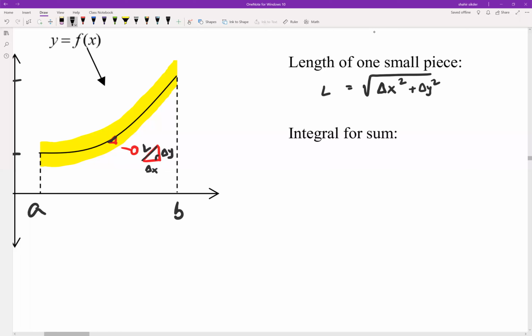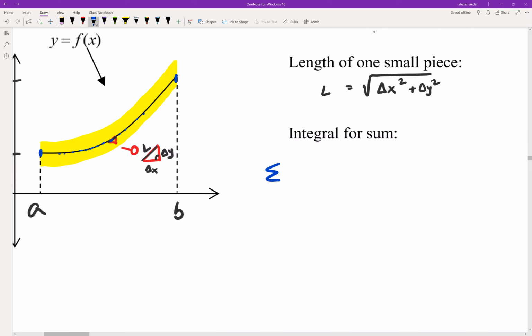Now that's only that little chunk, right? We want to find out all of these little chunks. So I'm going to make small triangles throughout that whole curve segment, and towards the end I should really sum up from A through B. This symbol is the Greek letter sigma, which stands for summation.